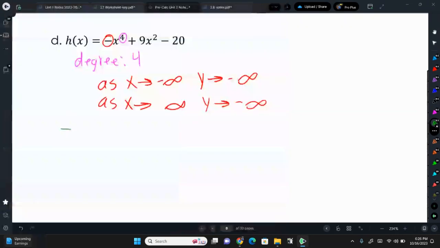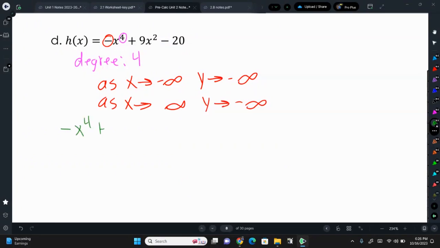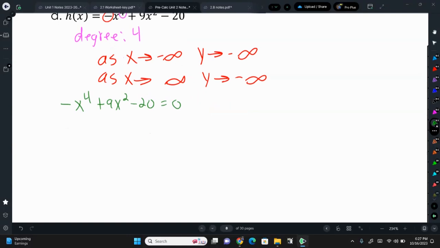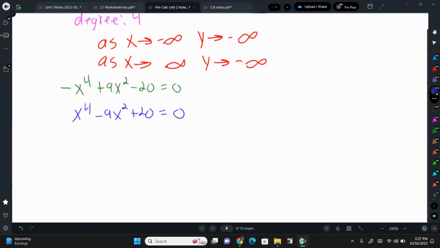So then we have negative x to the fourth plus 9x squared minus 20 equals 0. We're going to divide both sides by negative 1, so we have x to the fourth minus 9x squared plus 20 equals 0. And then this is that quadratic form where we say what two numbers multiply to 20 but add to negative 9?